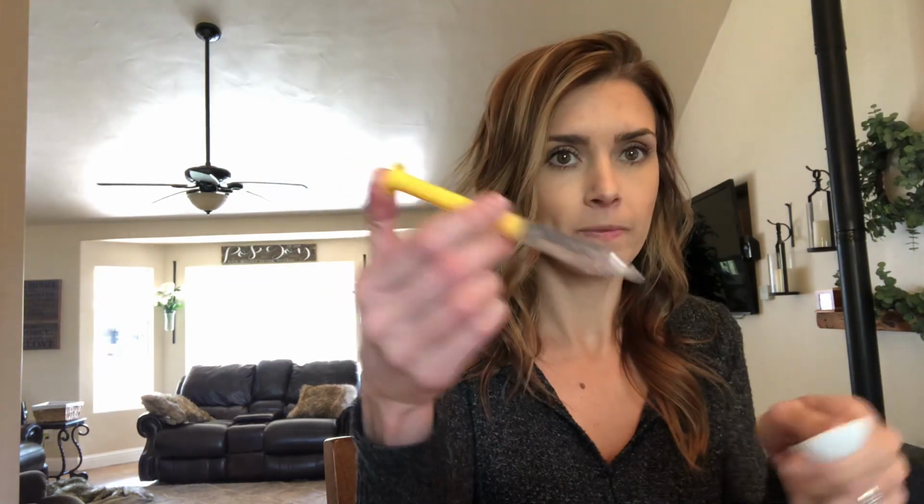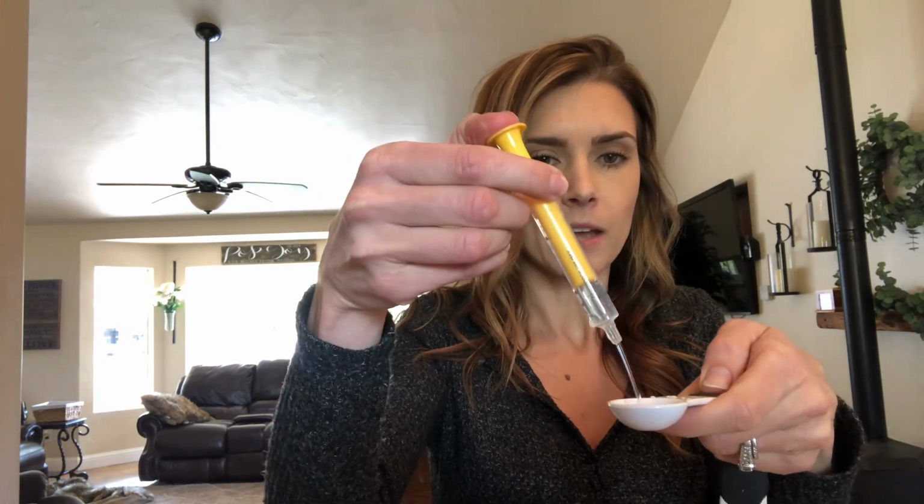If I fill up this 5 milliliter syringe, I will see that it is the exact same amount as 1 teaspoon. So you can convert the metric system of measurement to the standard United States system that we are more familiar with, to get a gauge of what these amounts equal.